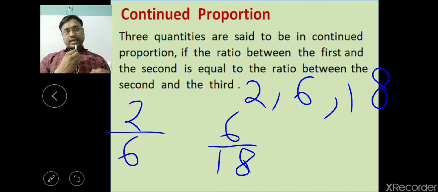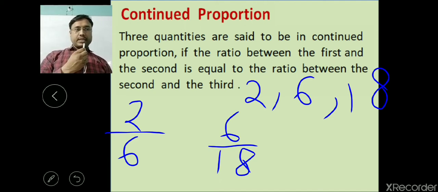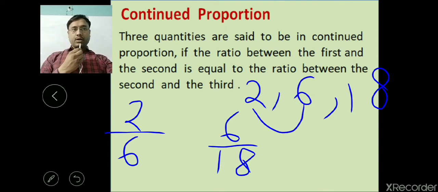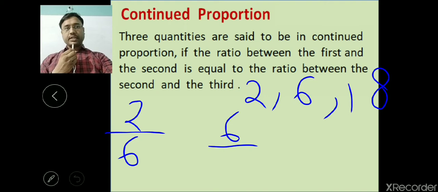So we can say that the numbers 2, 6 and 18 are in continued proportion, because the ratio of the first two, 2 and 6, is equal to the ratio of the second and third numbers, that is 6 and 18. I hope this one is clear.